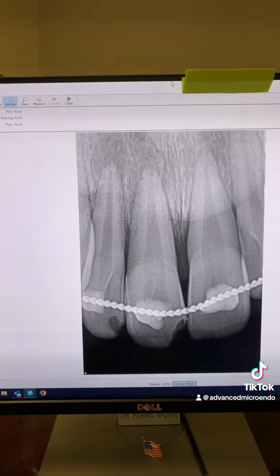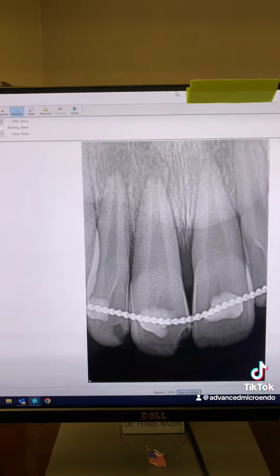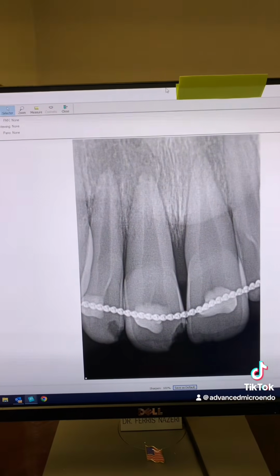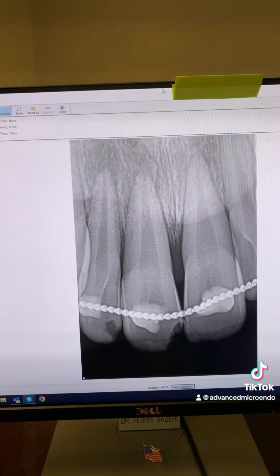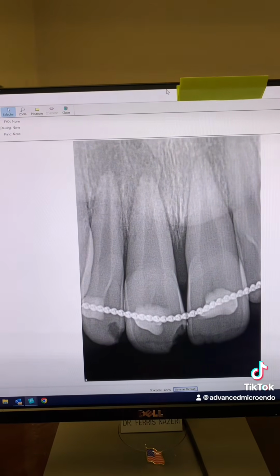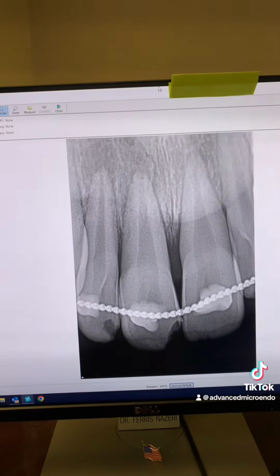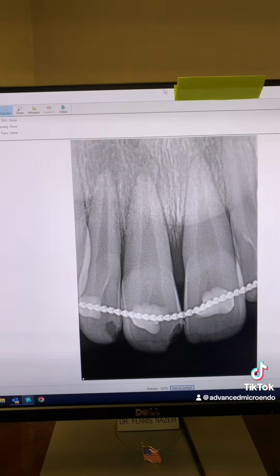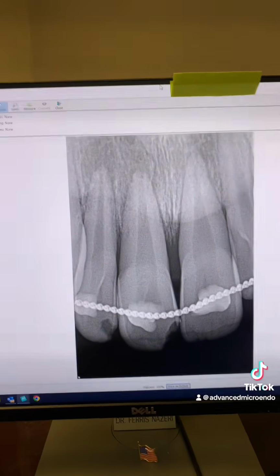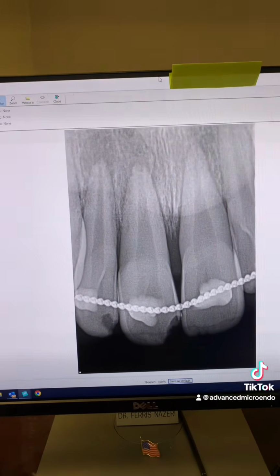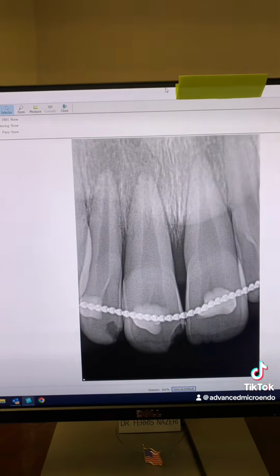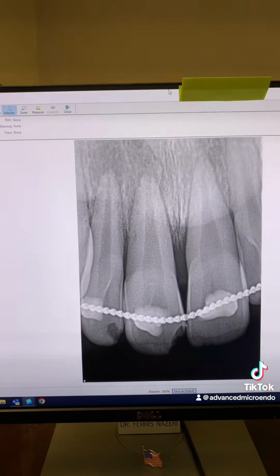The other thing that can happen is ankylosis. These teeth can become ankylosed. And the third thing that can happen is inflammatory resorption, root resorption of these teeth. So these are all the things that are possible, and these possibilities definitely need to be discussed with the patient or the patient's parents.